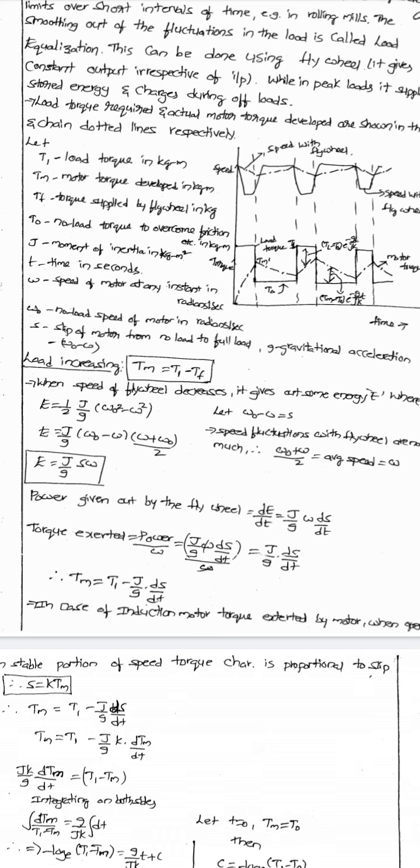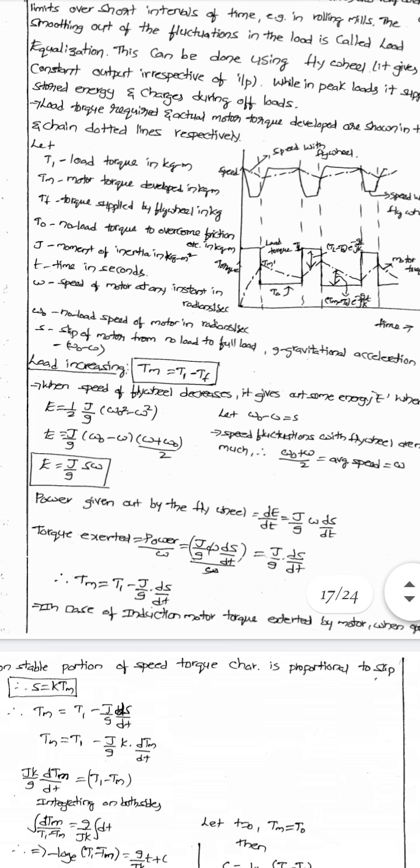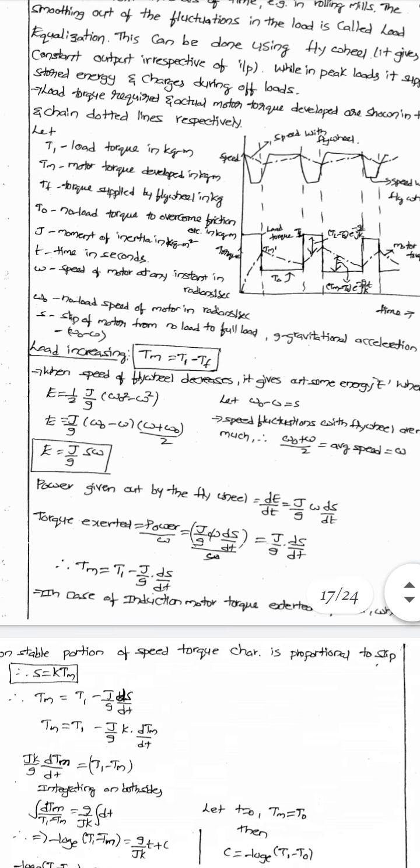Let omega naught minus omega be equal to S. Then E is equal to J/g times S times omega, where omega is the average speed, (omega naught plus omega)/2.